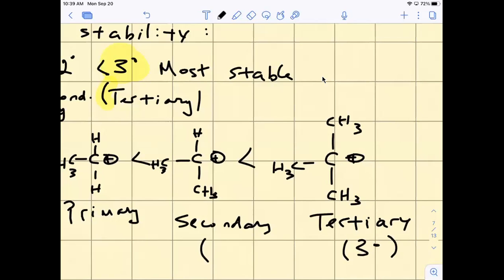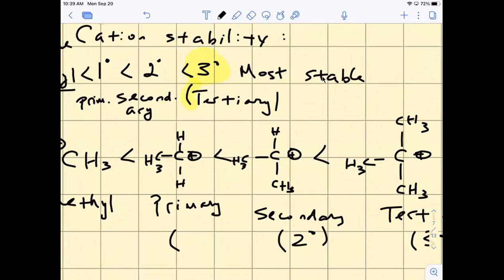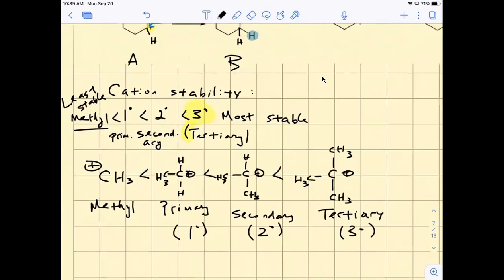Or you'll see it written as 2', 3', or second degree, third degree, like that. So for carbocation stability, the trend is methyl is the worst, tertiary is the best.